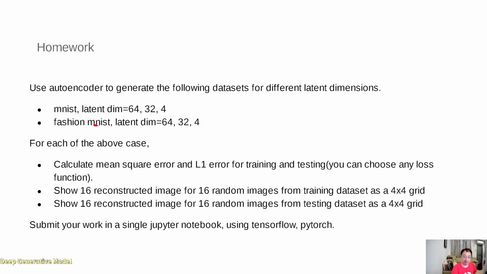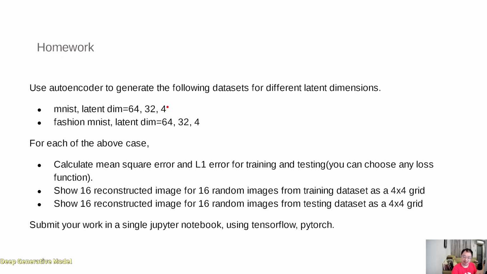What I want you to do is to train an autoencoder on these two datasets with different latent dimensions, from 64 to 32 to 4. By varying the latent dimension, you can see how well the reconstruction compares to the original one, depending on the latent dimension.